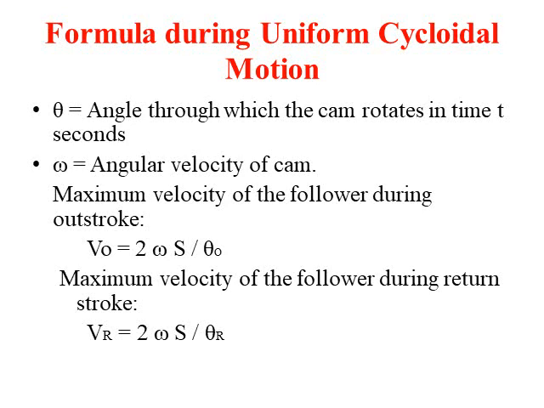V naught is equal to 2 omega s by theta naught, and that is for the maximum velocity of the follower during the outstroke, and Vr equals 2 omega s by theta r for the maximum velocity of the follower during return stroke.